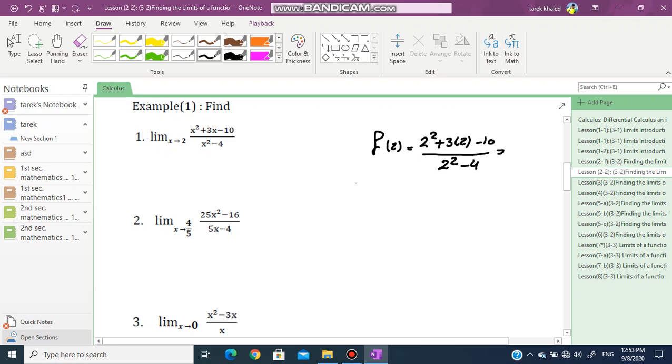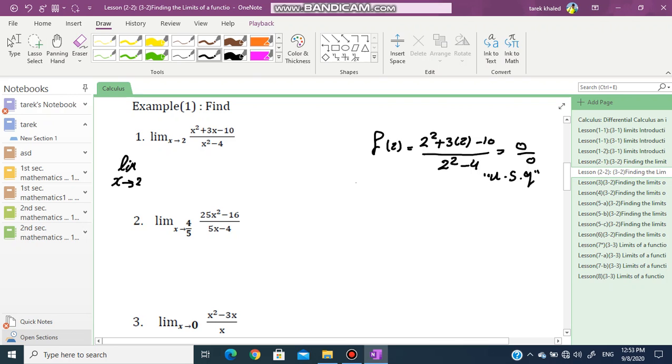By calculation, the numerator equals 0 and the denominator equals 0. So f(2) equals 0 over 0, an unspecified quantity. So we want to cancel the zero factor to solve the problem. To cancel the zero factor, I will factorize the numerator and the denominator.